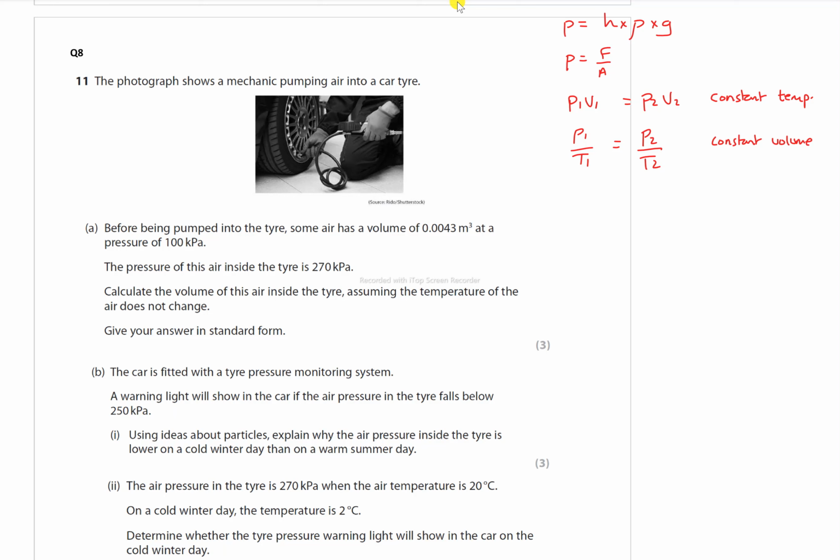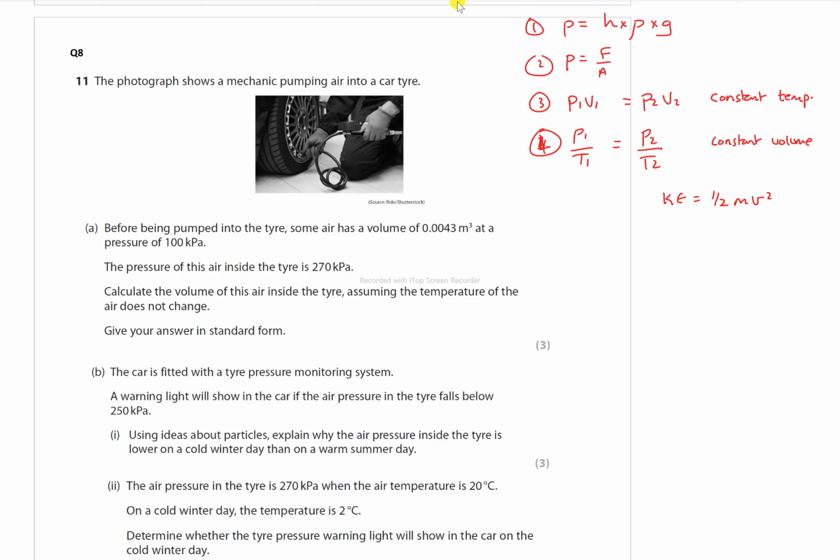And also remember kinetic energy equals half mv squared. Right, okay, so these are the 4. If you can, you're on to a winner.